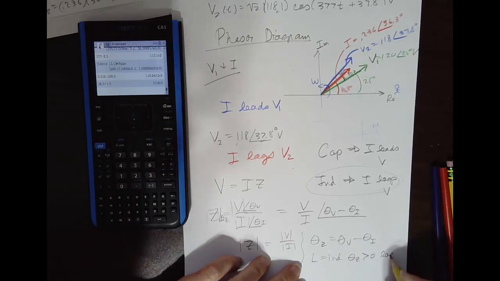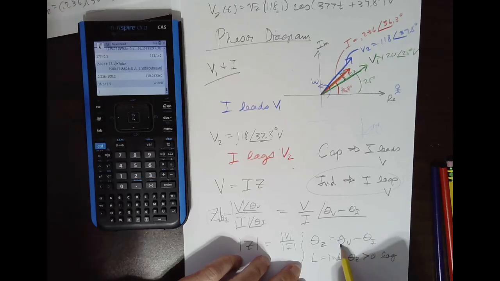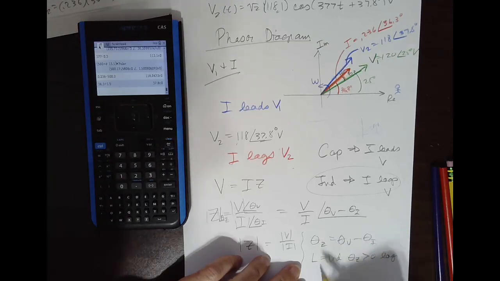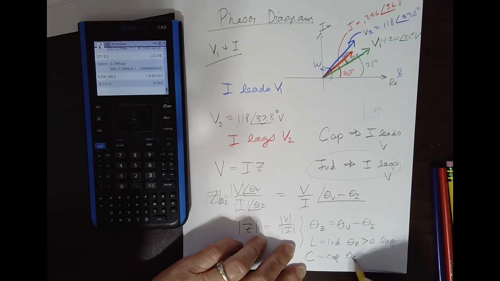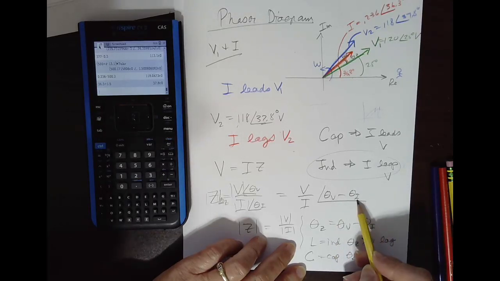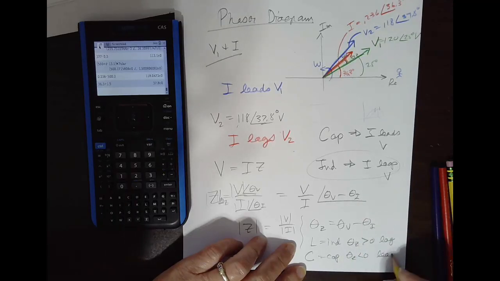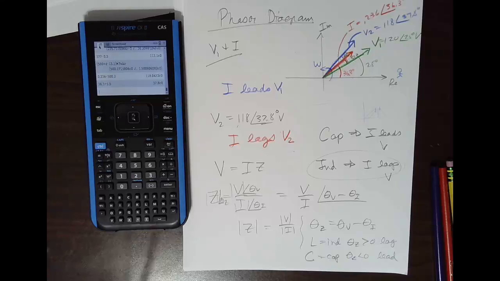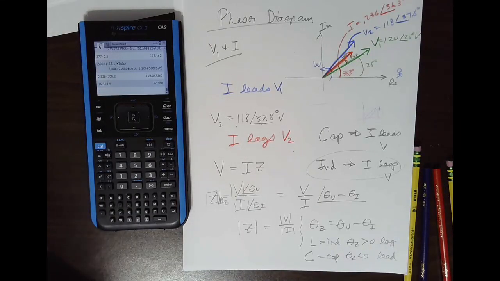Current lags behind the voltage because the current angle is smaller than the voltage angle, so theta z is positive. For a capacitor, theta z is less than 0 because the current is ahead of the voltage. Current angle is bigger than the voltage angle, so theta z is negative, and the current leads the voltage. All right, I think that's enough examples for now.